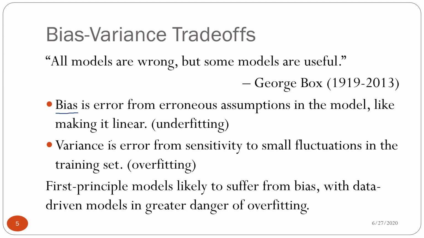So this bias is something that we had in our mind before even looking at the data, because of which you will have the error. The bias error would come because of the model that the user has picked with some assumptions, and those assumptions were incorrect. So it is an error from erroneous assumption about the model.